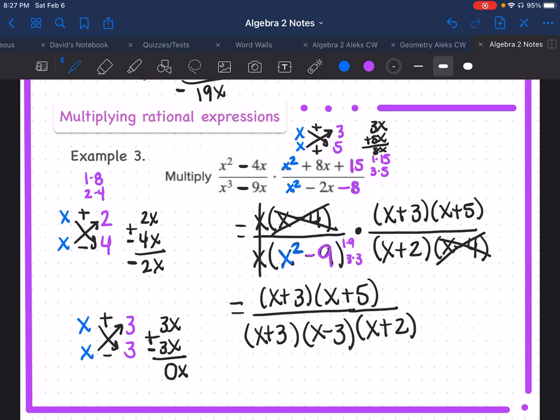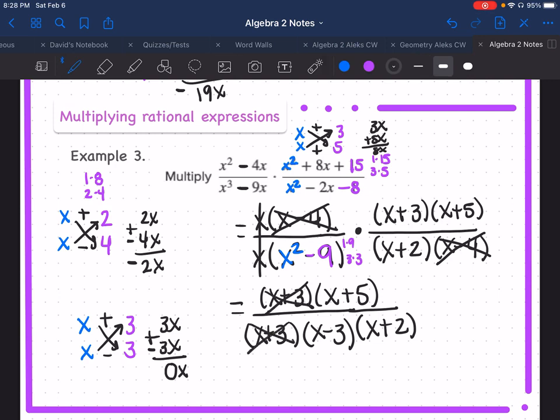And so now that I've completely factored my denominator, remember, this term factored into these two, right? We factored it over there. I can go ahead and take a look. I see x plus 3 and x plus 3. They're going to cancel each other out, and what is remaining is my answer.